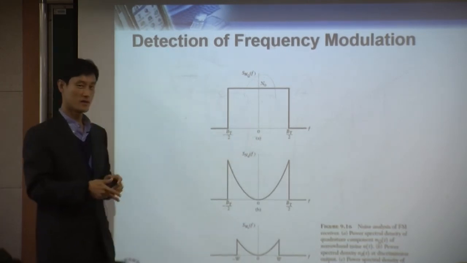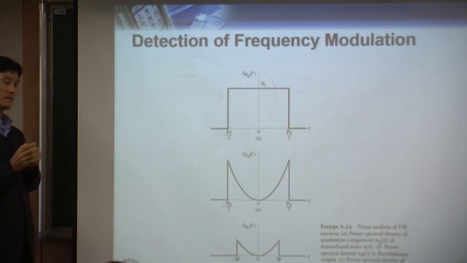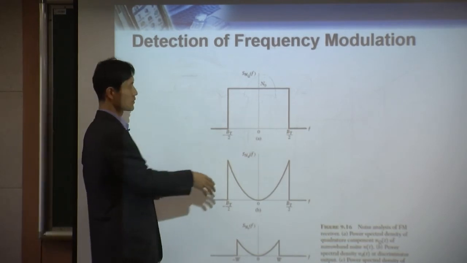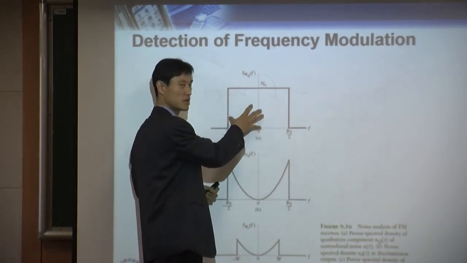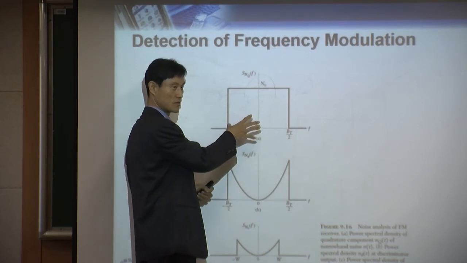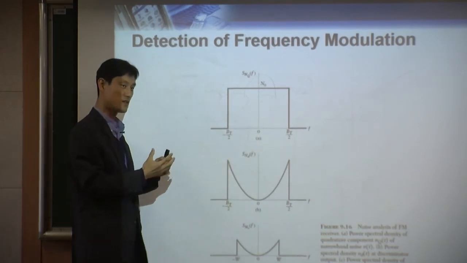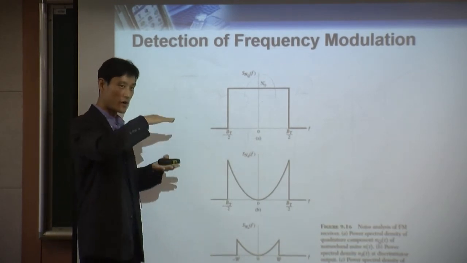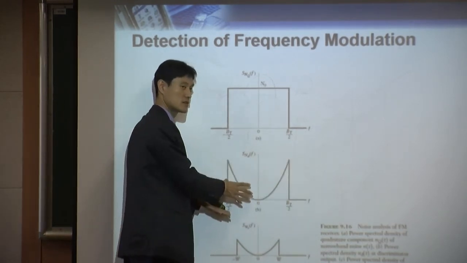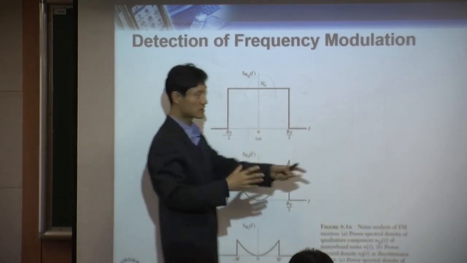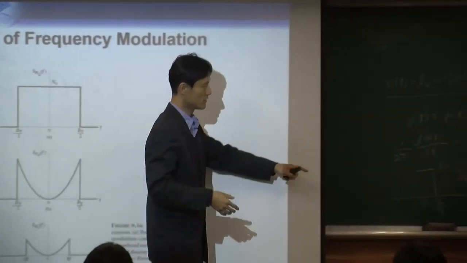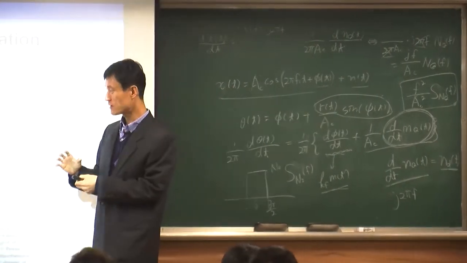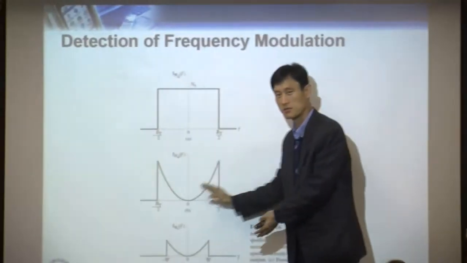This is why FM is much better. In AM, noise power still has this much. But in FM, with FM modulation and FM demodulation, your signal is recovered, no problem, and noise is reduced by this much.